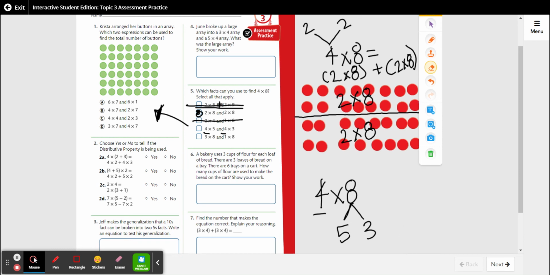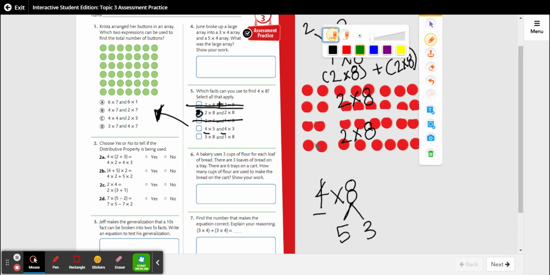And if I wanted to visualize that, 4 times 5 and 4 times 3, let's see if I can very carefully erase. Oh, sort of. Okay. So if I wanted to visualize that, what would that look like? Let's see, I'll use a different color. Green. So 4 times 5 and 4 times 3.